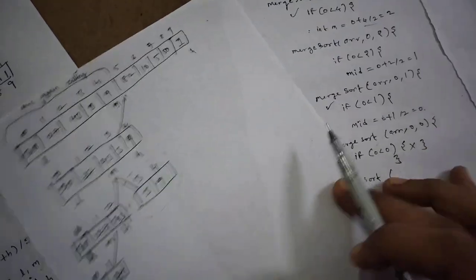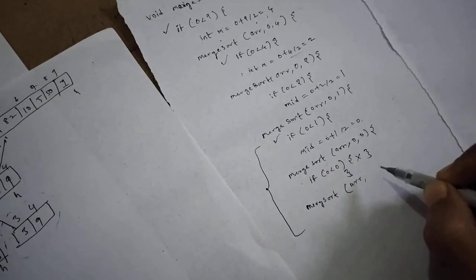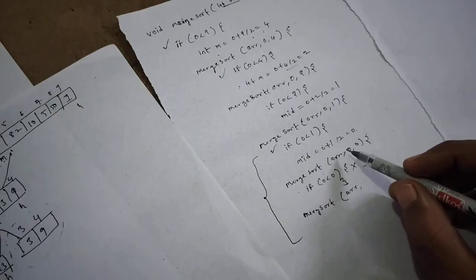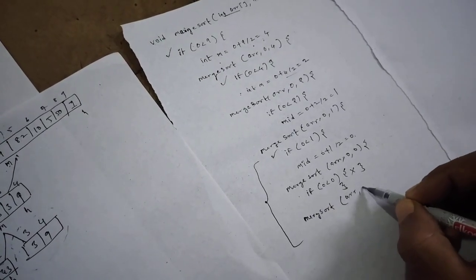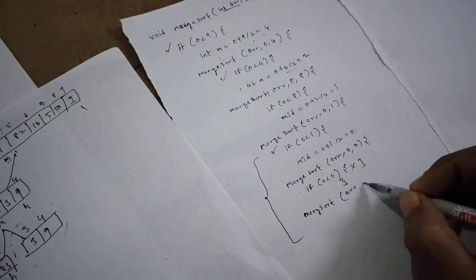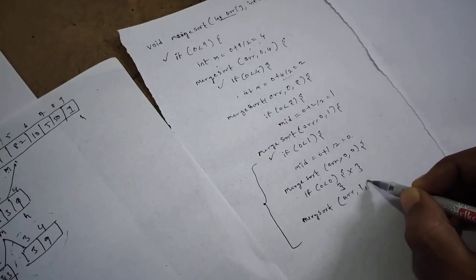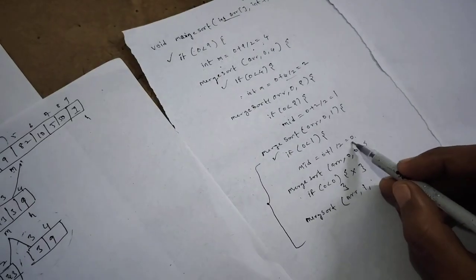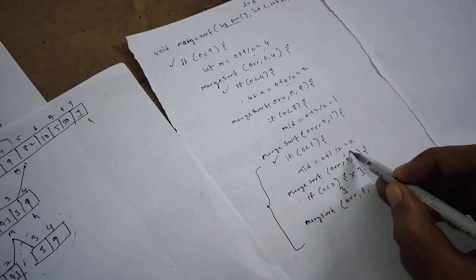So it comes to that time, the array with mid plus 1. What is mid? It is 1, and what is high? This is low, this is mid.